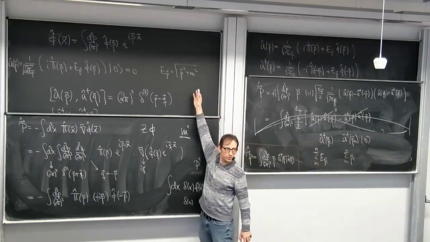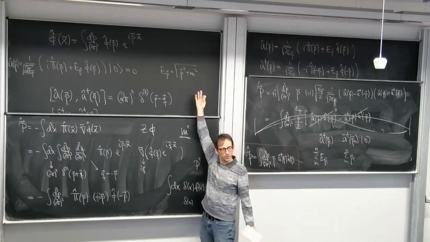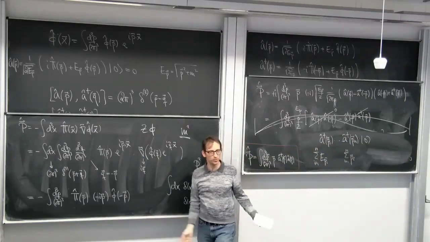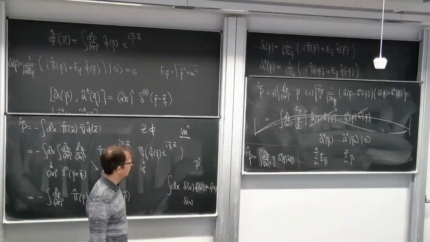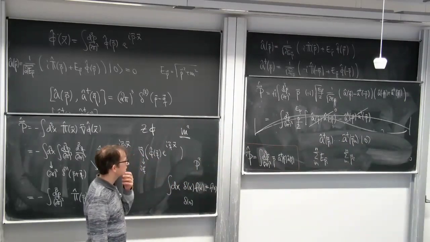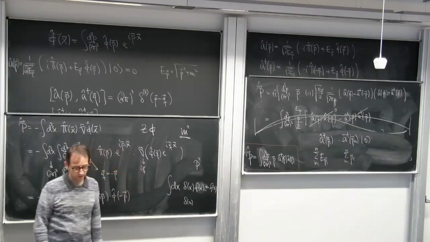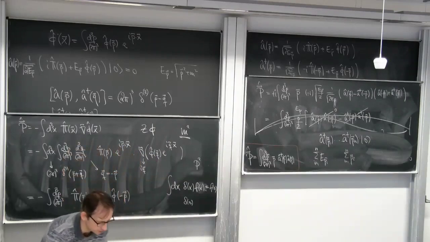So it is the dispersion relation that we have, and so they look like particles, and what looks like particles we just call particles. That's essentially it for the free theory.